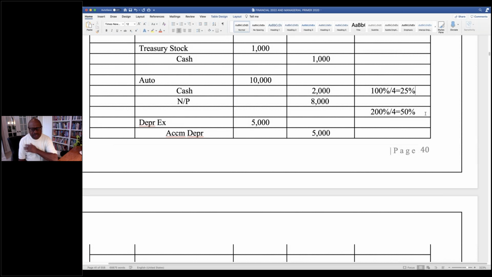But when we use double declining balance, because we want to write off a lot more, our rate becomes 50%, and we ignore salvage and other costs. So we just simply multiply 50% times the cost.